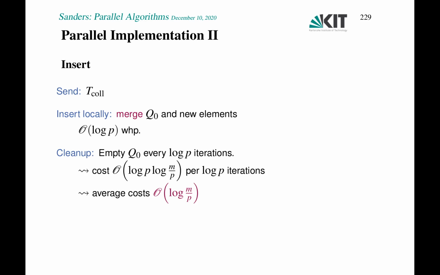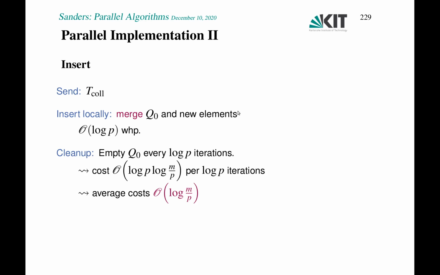Okay, now how does that affect the operations? For insertion, sending the data is the same as before. The local insertions will simply merge the received elements and the new elements. So the idea here is that Q0 is actually maintained as a sorted sequence.